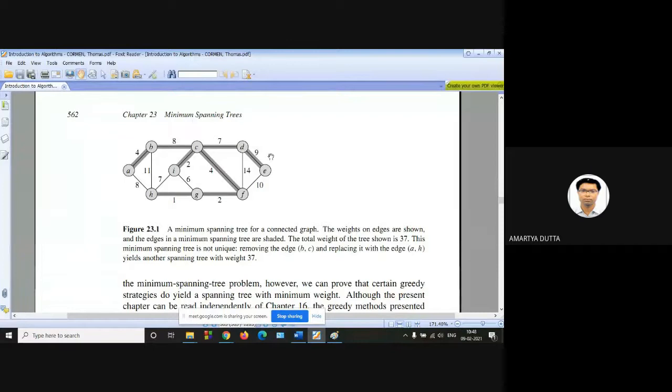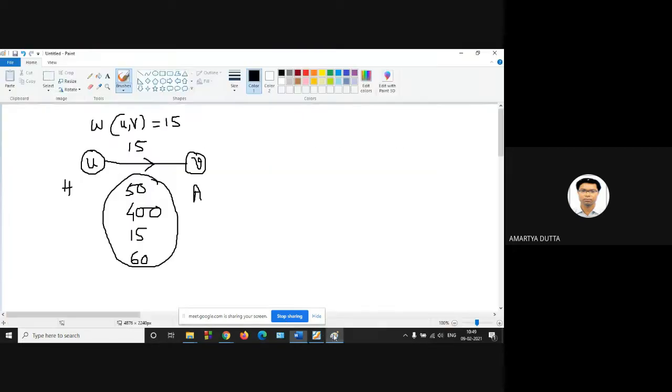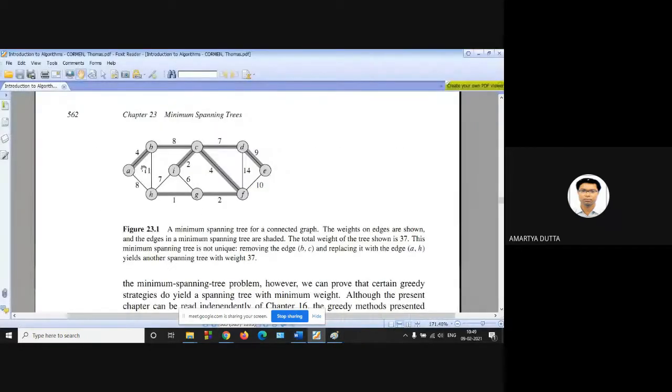These shaded paths can form your T. That particular T is a subset of the given edges E. So T is less than E. This is obvious. The new set of edges is a subset of the given set of edges, in such a way that the total weight is getting reduced.